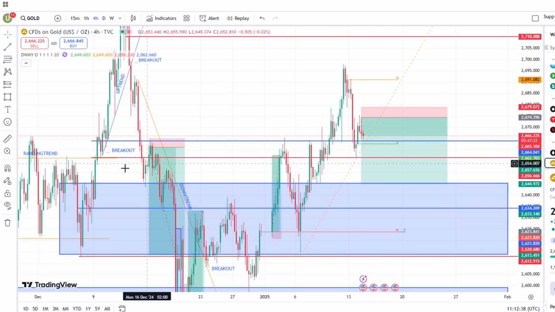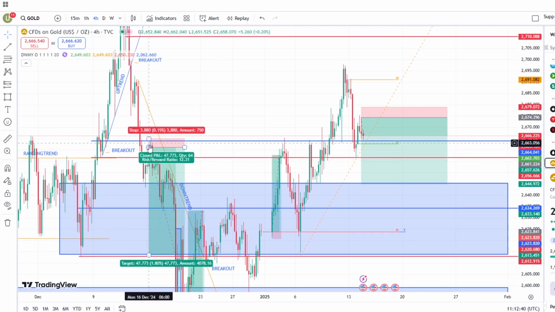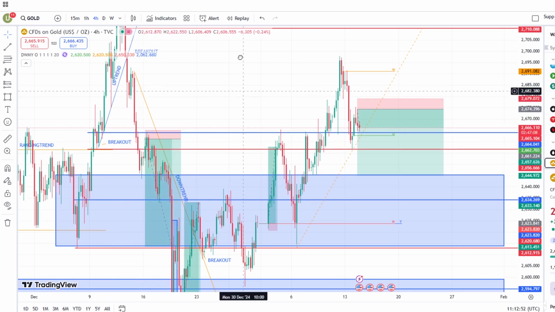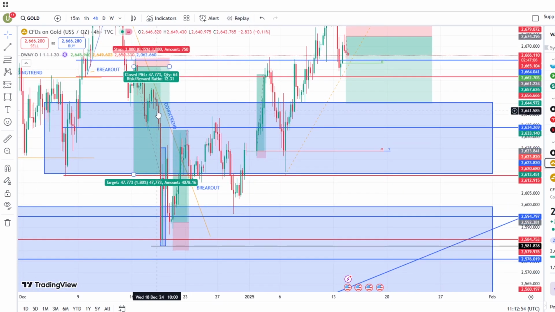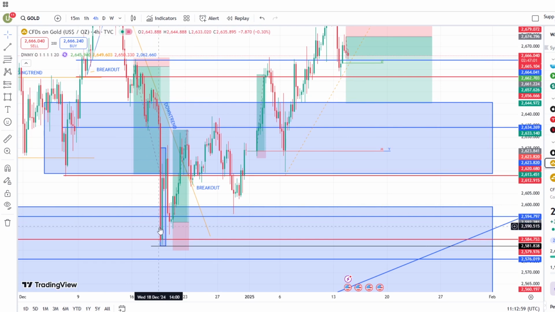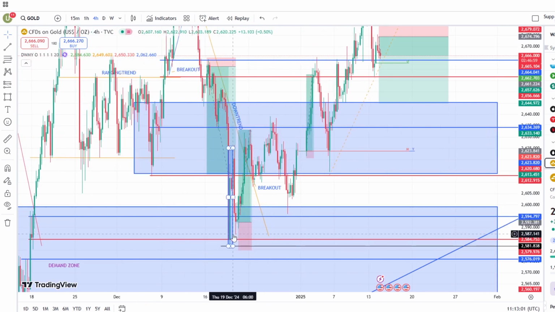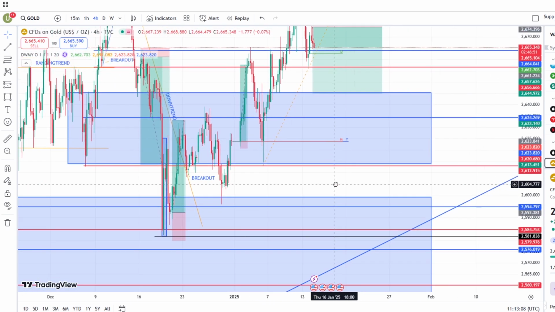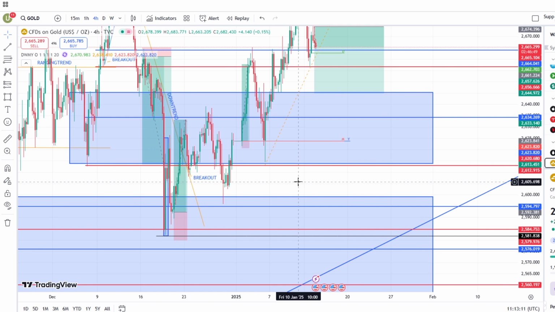Because we had this supply zone here. Remember, we had the supply zone. It was a demand zone, and then it broke below, gave us a retest, went down, broke below the previous demand zone and gave us a new demand zone, and went into this demand zone here on level 2594.